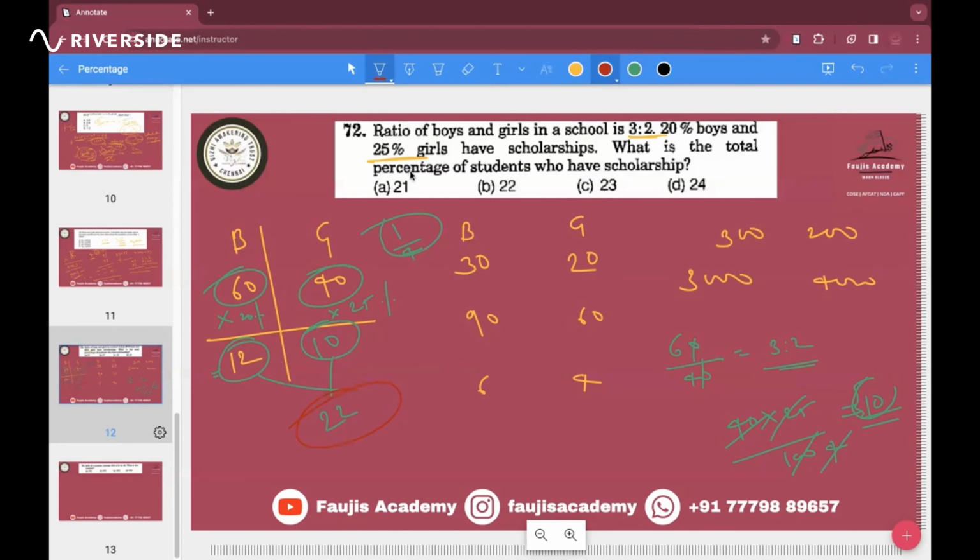No worries, Muilan. So 22 students in total have got scholarship in class, assuming that there are 60 boys and 40 girls. Since there are total 100 students and out of which 22 have got scholarship, they have asked what is the total percentage of students who have got scholarship. So what will be the number?